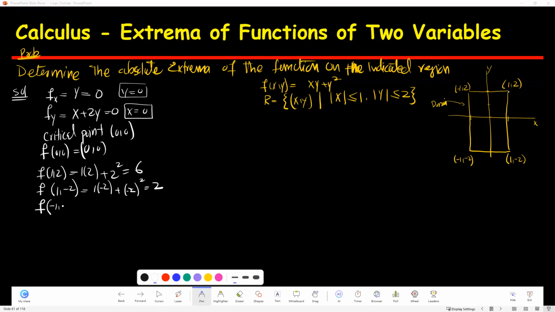The other point I'm going to check is minus 1, 2, which is this point. It's going to be minus 1 times 2, plus 2 squared, and the answer would be 2 again. The last corner I'm going to check is minus 1, minus 2.